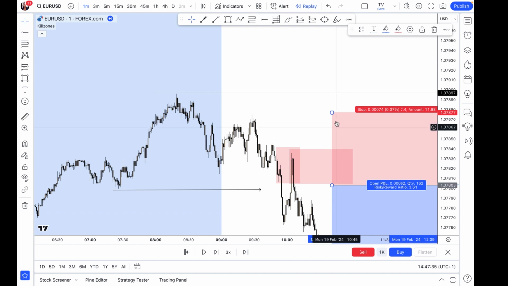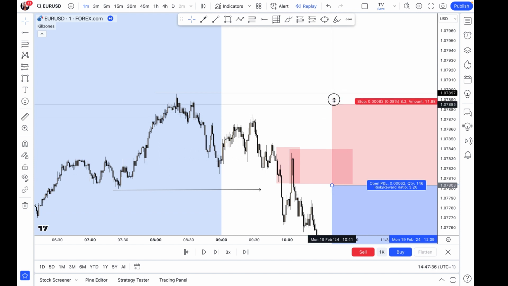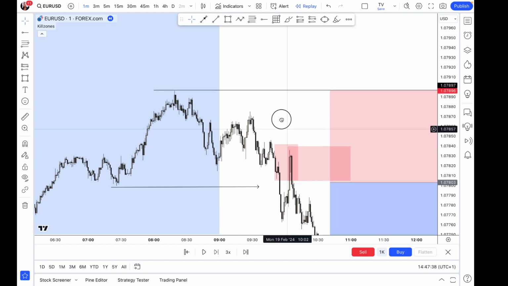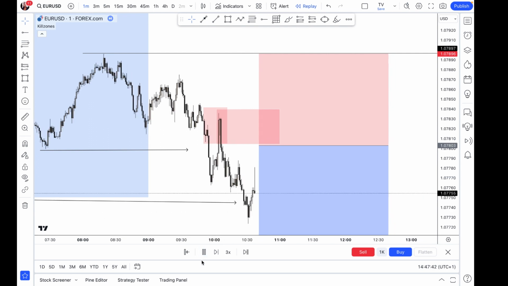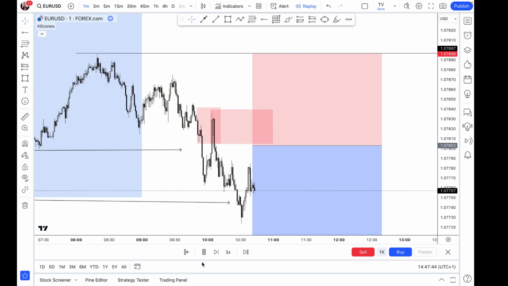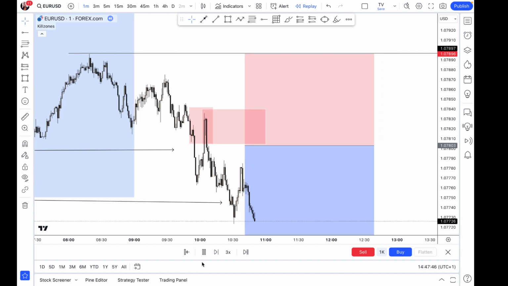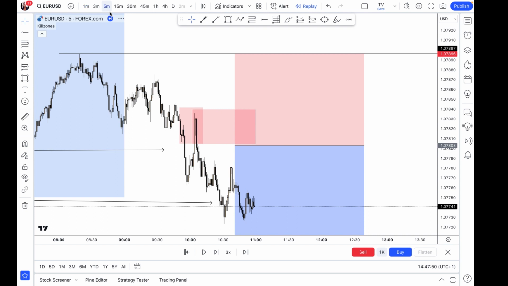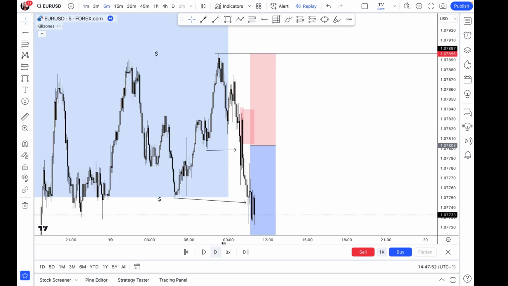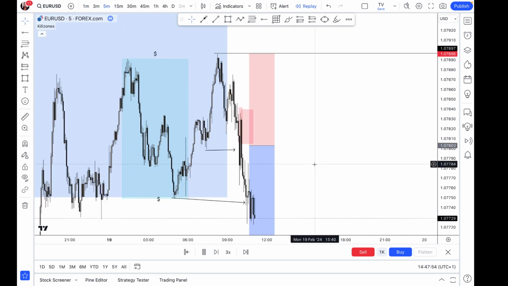This should be the second mitigation, but if you still want, you can still have your stop loss at this level. Let me continue playing price. Price came back up and that zone was now tapped. Let me move to a higher time frame so that you can see.